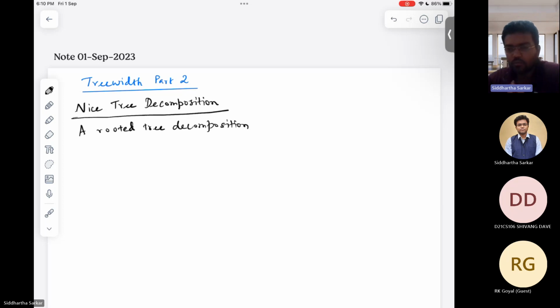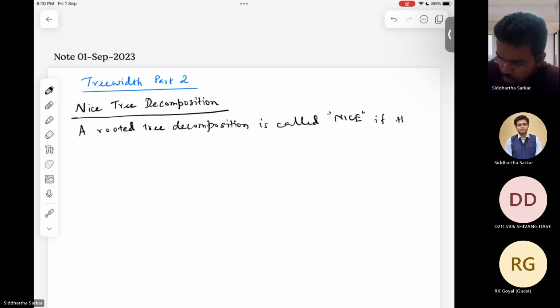So there will be a well-defined parent-child relationship and a well-defined ancestor-successor relationship. A rooted tree decomposition is called nice if the following properties or conditions are satisfied.